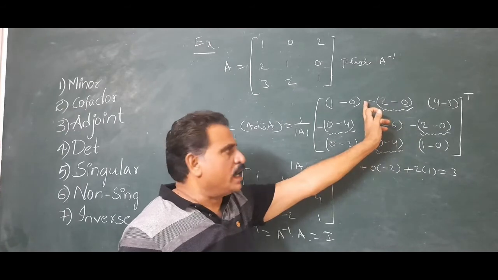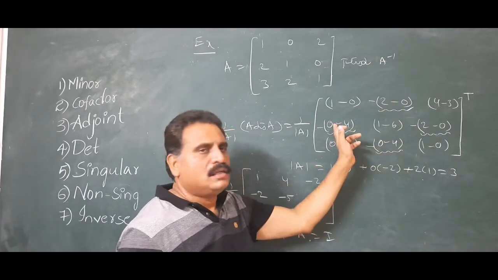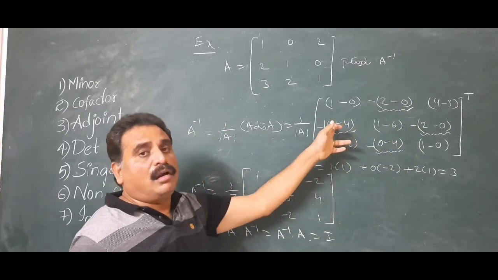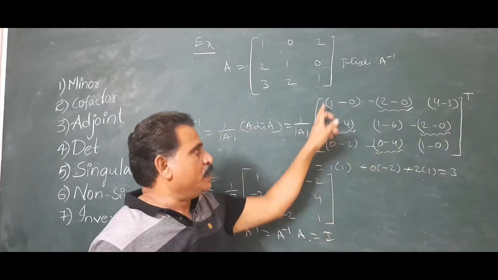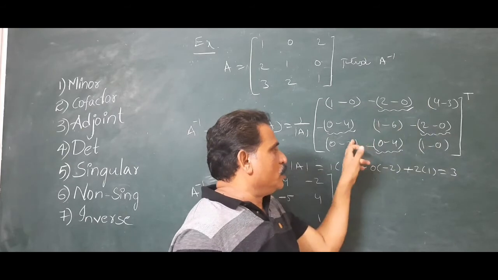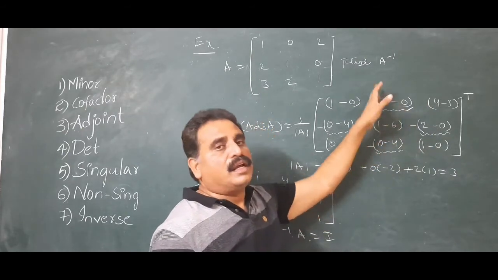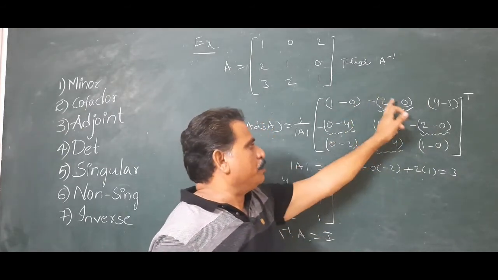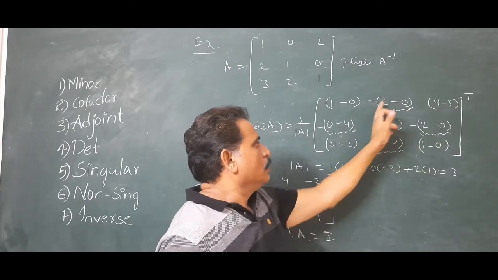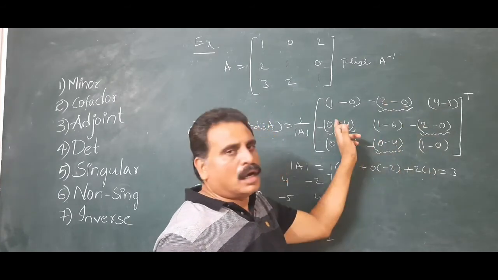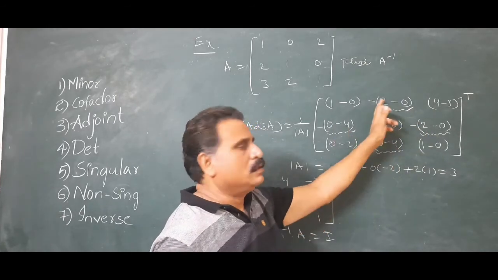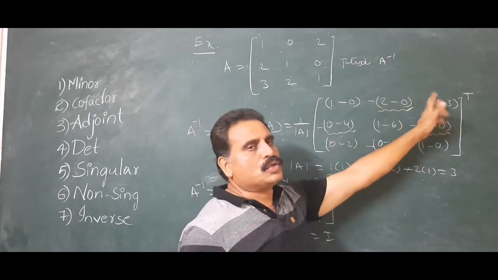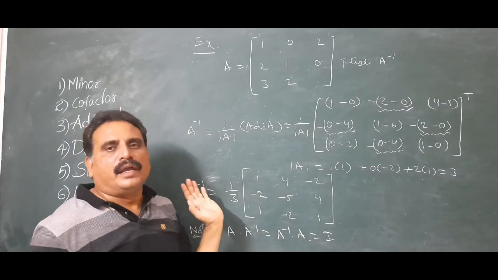That means nothing but sign change for these four elements. These four elements are non-diagonal elements. It is one diagonal, it is the other diagonal. Diagonal elements, here 3, that is one common element, total 5 elements, the remaining elements in a star shape like this. Rhombus or parallelogram, whatever it may be. These four elements, keep in your mind, sign change. Next, transpose, and directly we get A inverse.